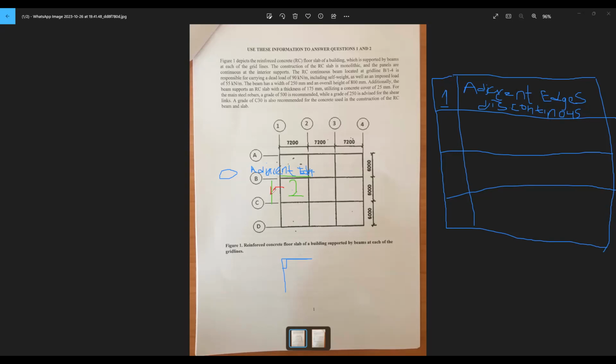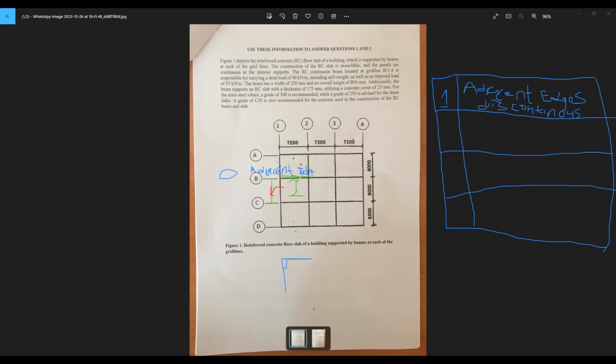I'm getting out of here and it is taking me out of the whole slab area. That means that the side BC, or the 6,000 side, is discontinuous, because it sends me out of the whole slab system and I'm not falling on any other panel. So it is discontinuous at that edge.